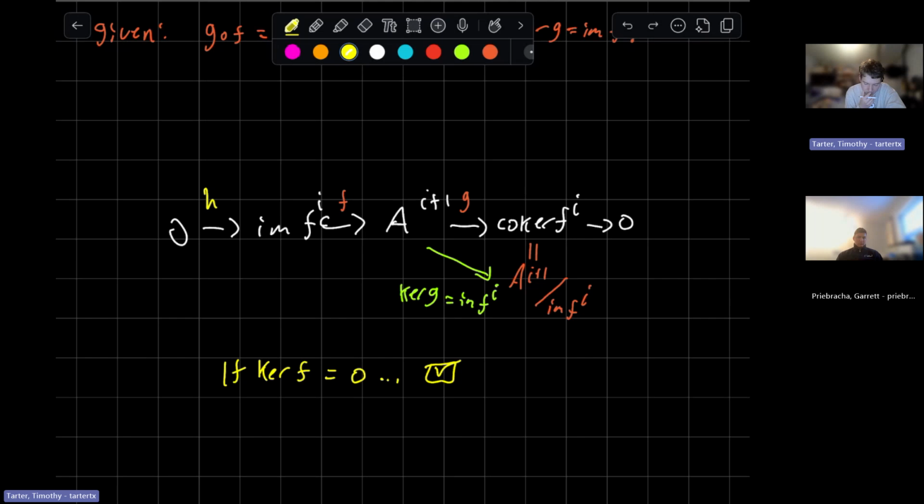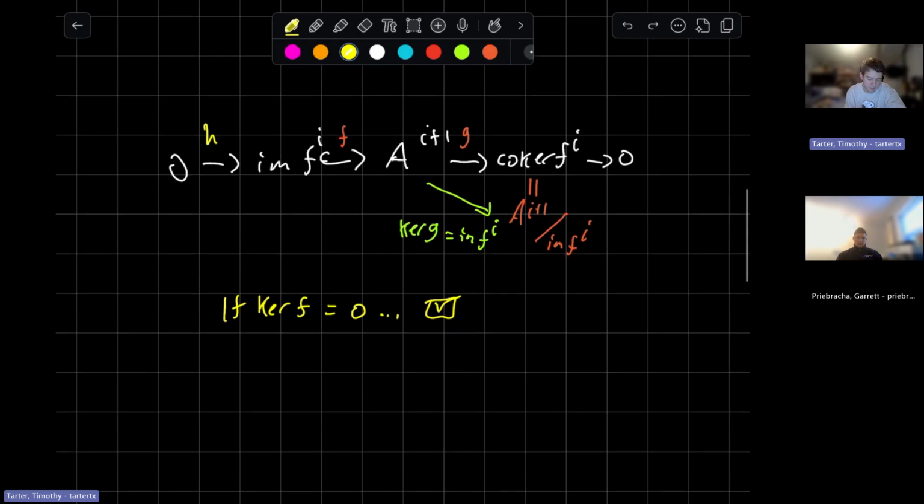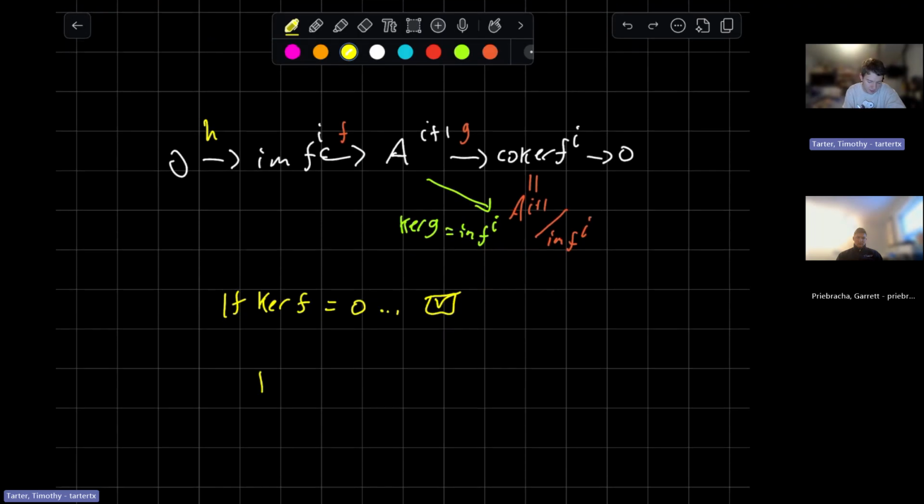Oh, it's because F is a monomorphism. So we have that HF equals H prime F, if we could get here by some other way, H prime.